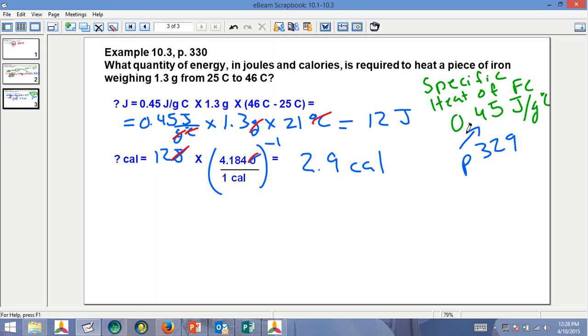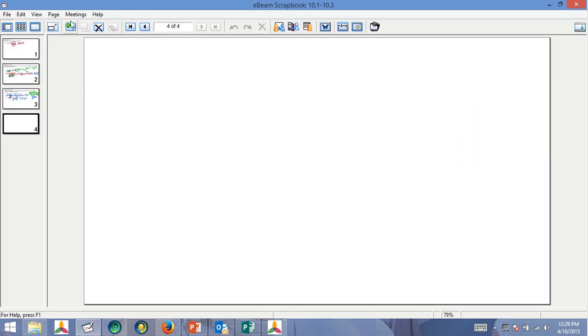I'm going to try and get through one more, but I haven't written it out. If we go on to example 10.4 on page 332, we're going to be using this equation here.